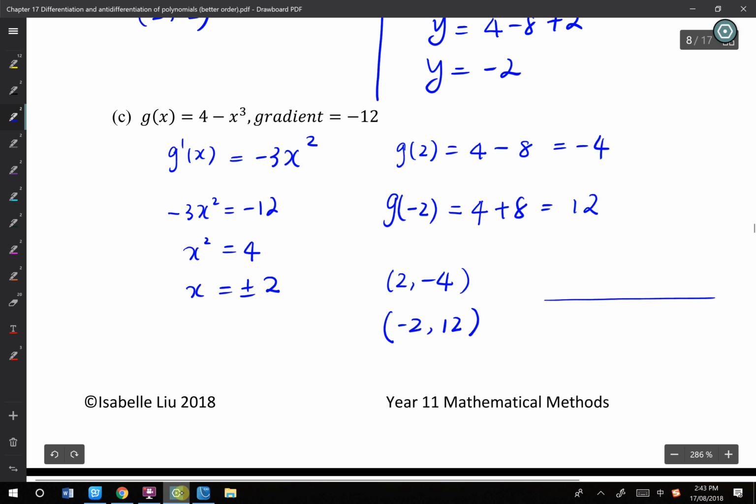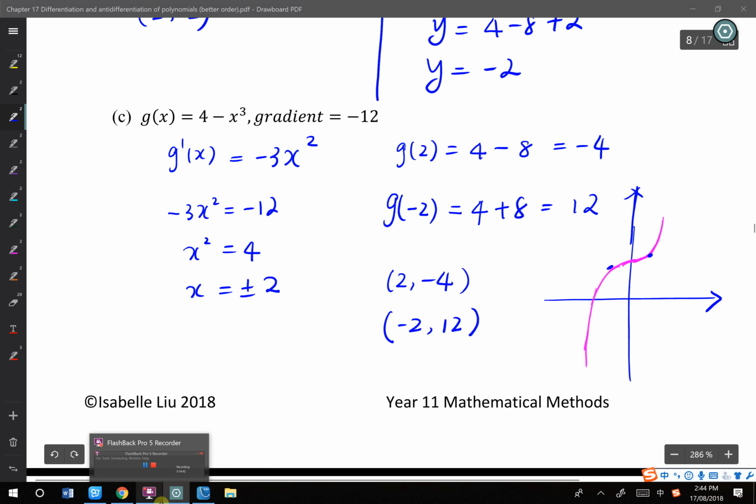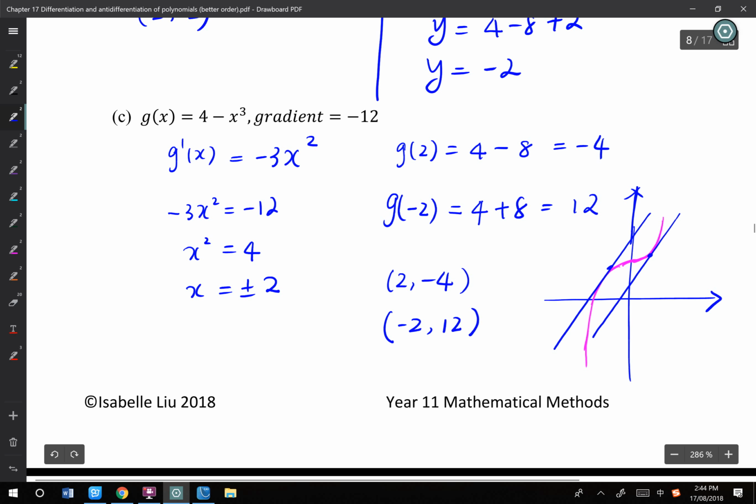If you think about the graph, this is a cubic function, so it's a graph like this. Well, it's not really accurate, but that's about the point 2, and that's about the point negative 2. And if you sketch the gradient, it's something like that. So they are parallel to each other. Therefore, you have gradient negative 12 and negative 12.